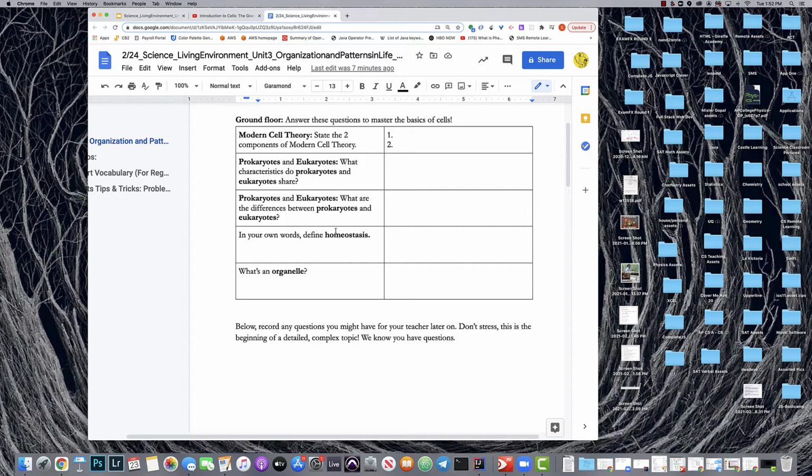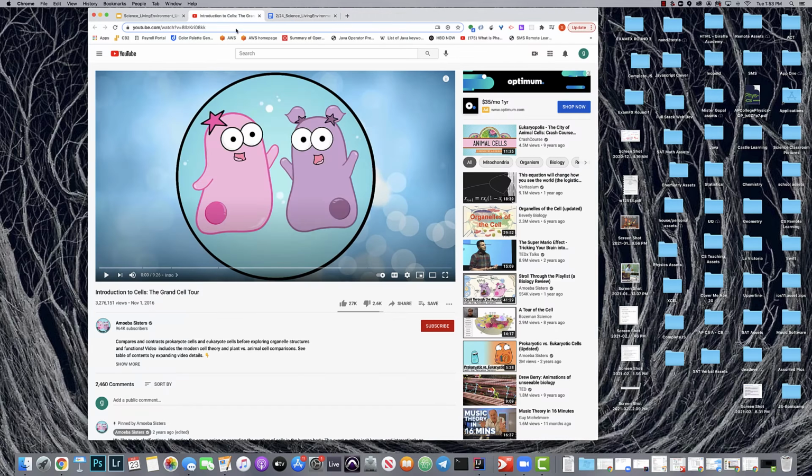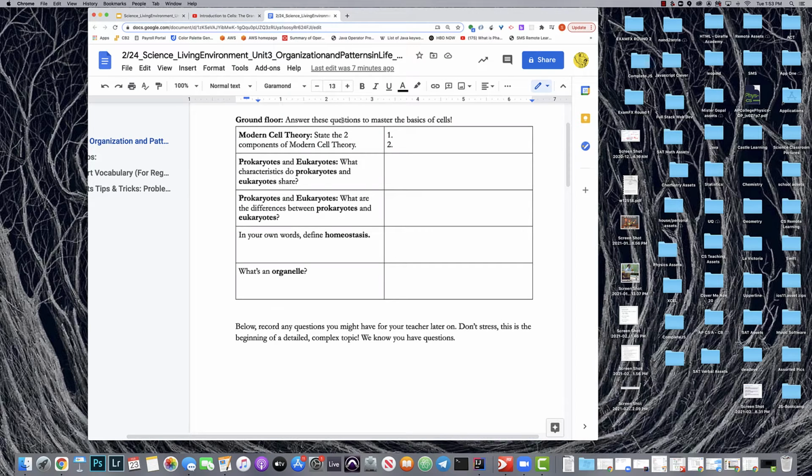Now, some of this material relates to other units, and as you can see from the Amoeba Sisters' lovely video, which I have also pulled up and made a guide to in part, they do go back and talk about homeostasis at the cellular level. And then, of course, this is all a jumping off point to get down and dirty inside cells and understand the organelles.